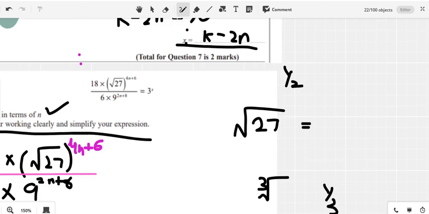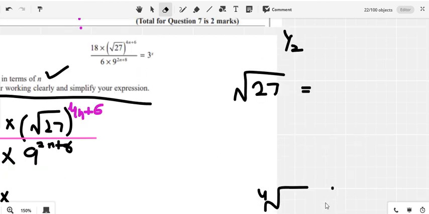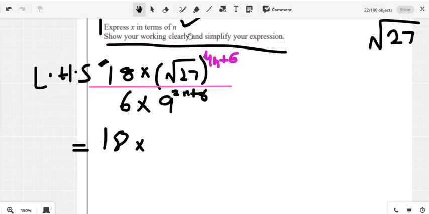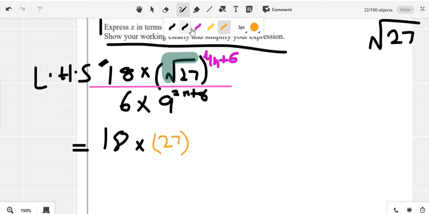So it means that instead of the square root of 27, we can write 27 to the power of 1/2. So I'm going to write here 27, and then I'm going to put the bracket, and 27 power is what? 1/2.